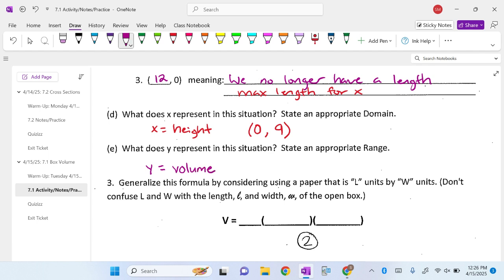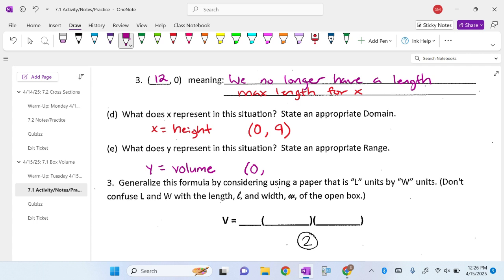So, what could my possible lowest volume be? What's the only thing a measurement cannot be? Negative. So our lowest could possibly be about 0, but we're going to say it's not quite hitting 0, so we're going to use a parenthesis.